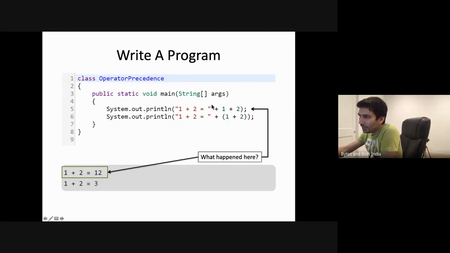So it'll come to evaluate this, it'll see a plus again, and to the left is a string, and to the right is a number. So it'll think that the user is trying to do a string concatenation. So it'll add 1 as a string to this whole expression. So at this point, until here, your expression is 1 plus 2 equal to 1. And that's a string. So it'll go to the right of the plus sign, it'll see 2. On the left is a string, so it'll assume that you're trying to do a string concatenation, and it'll add 2 to it.